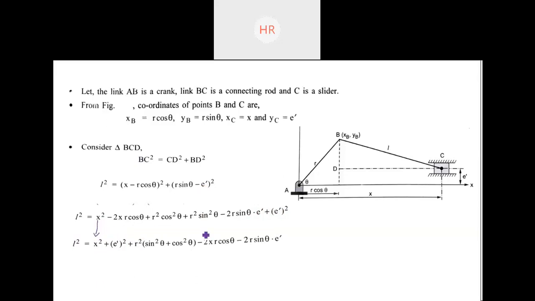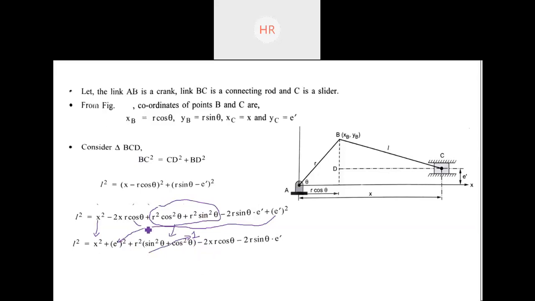So x square plus e dash square plus, from the terms r square cos square theta plus r square sin square theta, take r square common, so we will get r square into sin square plus cos square. What is its value? 1.